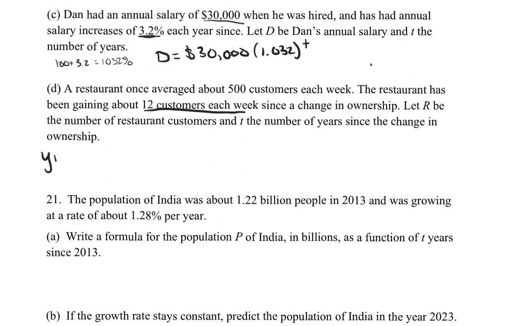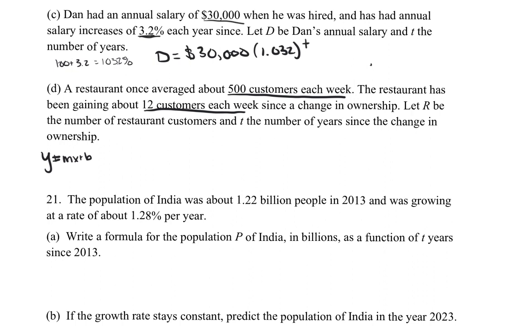So the equation we're going to be using is y equals mx plus b, where m is the slope and b is the y-intercept. So if b is the y-intercept, and we started with about 500 customers each week, that's what b is going to be.